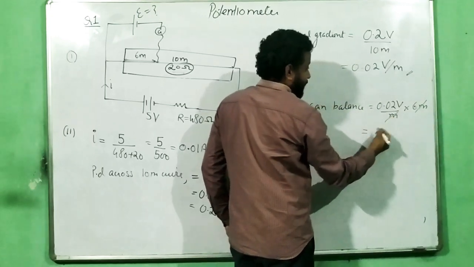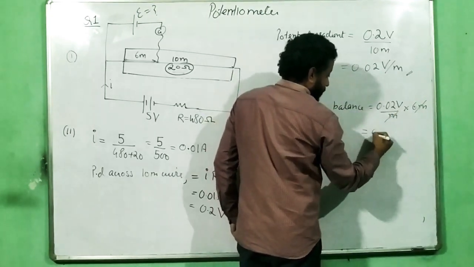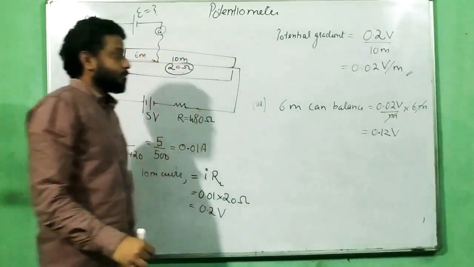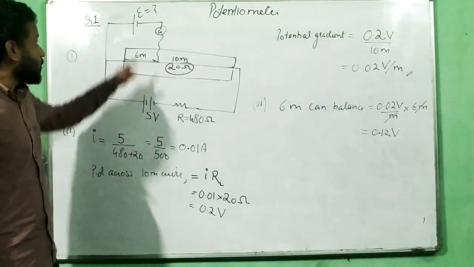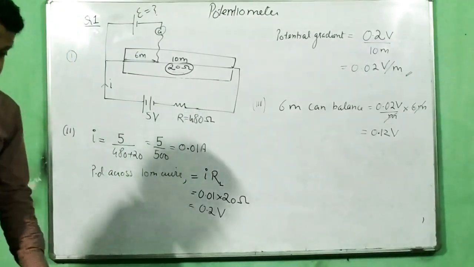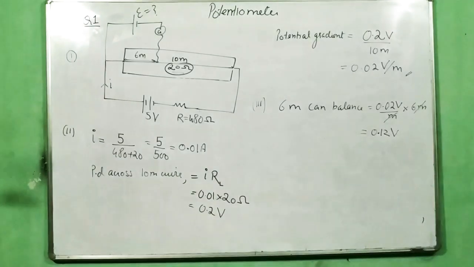Meter goes out, and this will be equal to 0.12 volt. Correct? So that means the unknown EMF is 0.12 volt. Just take a note of this.